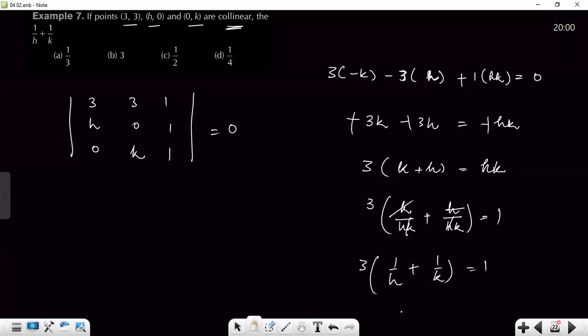Bringing the 3 to the left hand side, this comes out as 1 by 3. The answer becomes option number 8. Simple. Just see that whatever you have learned is of some relevance, and based on that only the question is going to be formed. So you know the condition, and there will be questions made on that.